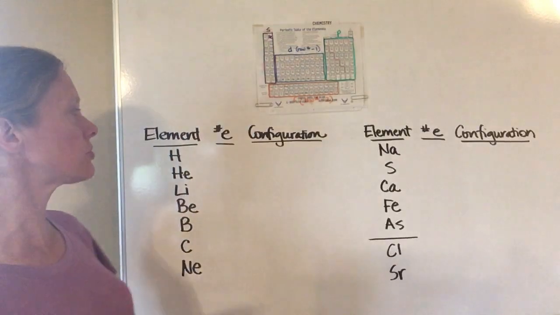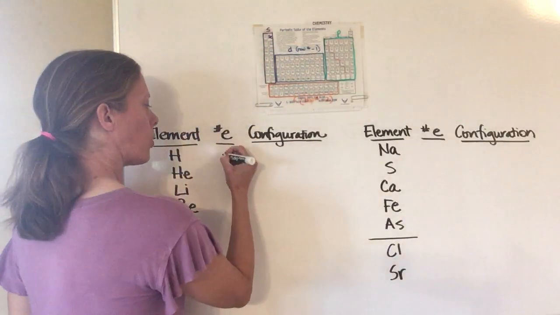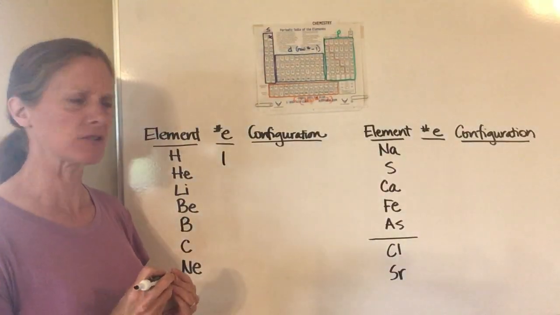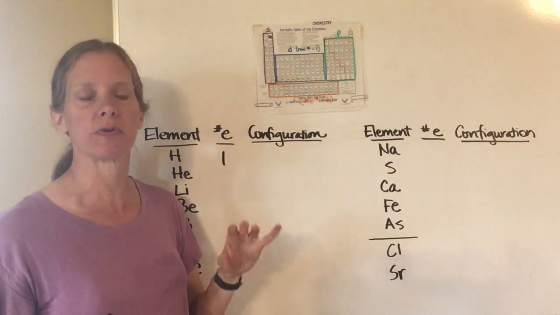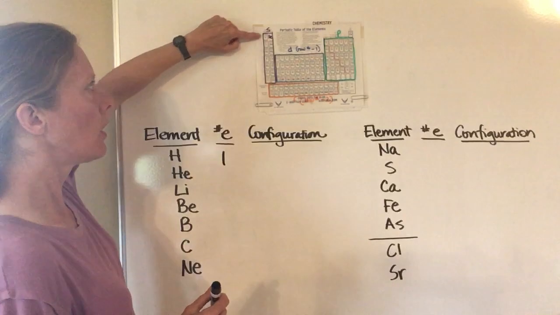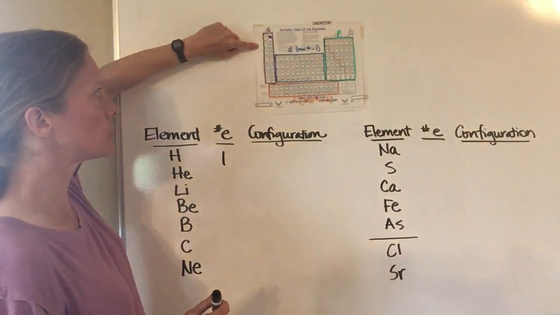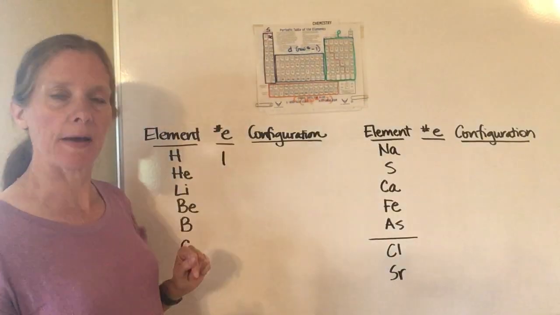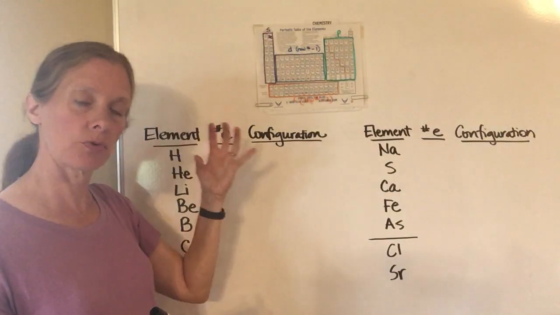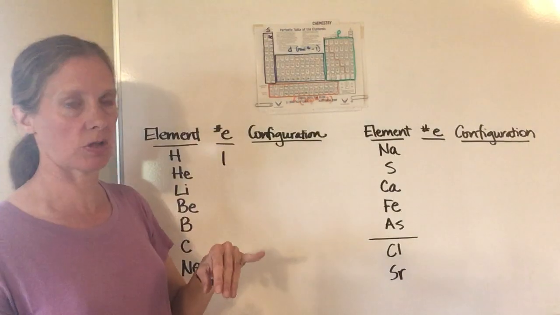Okay, so hydrogen has 1 electron. And so that electron is going to go in the very lowest orbital in the very lowest energy level. The row numbers over here, 1, 2, 3, 4, 5, 6, whatever row that the element is in, the row number corresponds to the energy level as well.